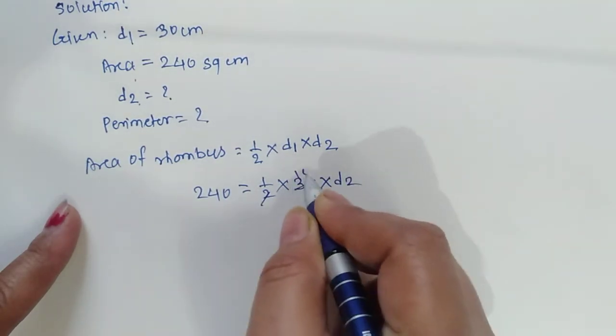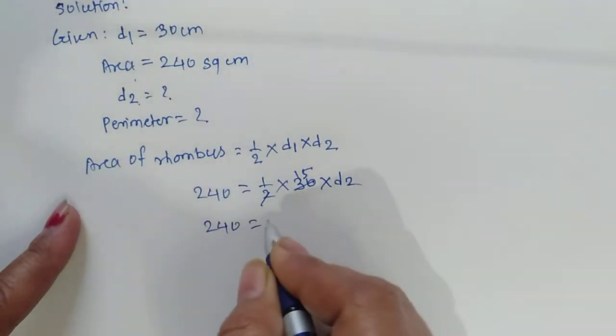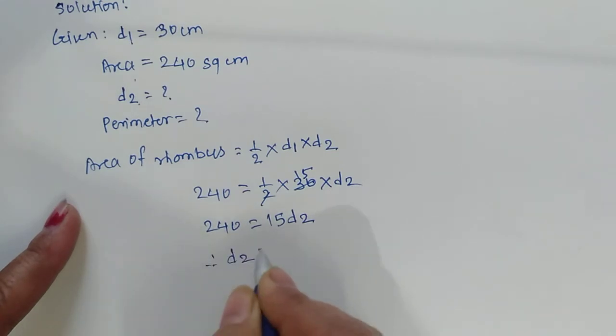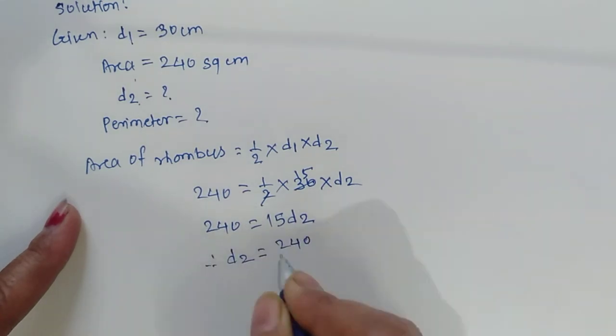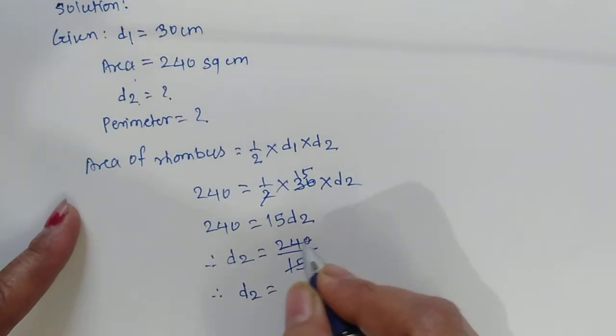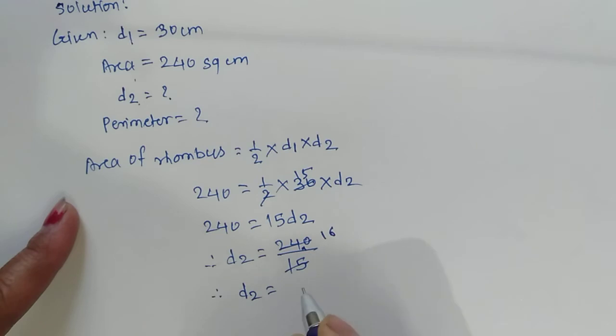So 2 15s are 30. So 240 is equal to 15 D2. So therefore D2 is equal to 240 divided by 15. 15 ones are 15, 15 6s are 90. So it is 16 centimeter.